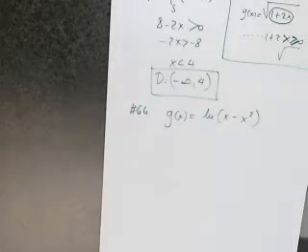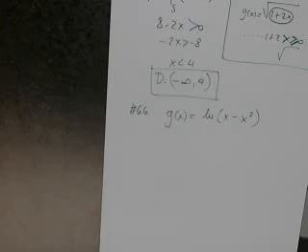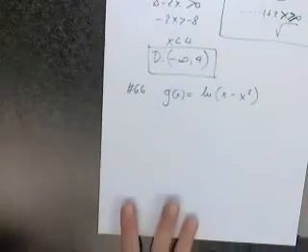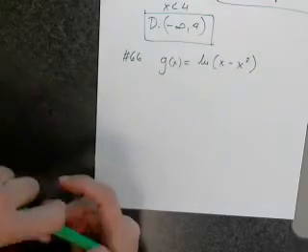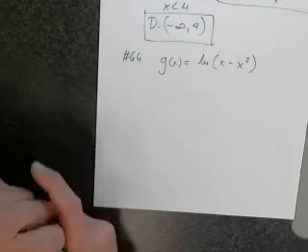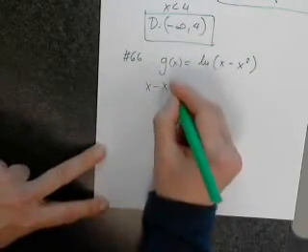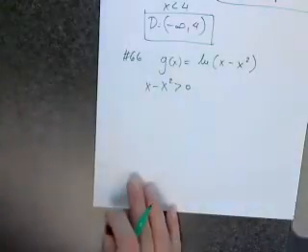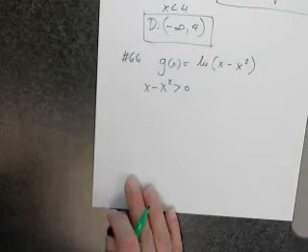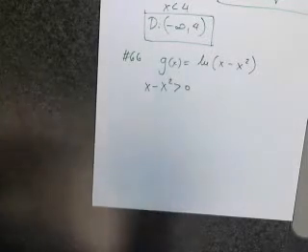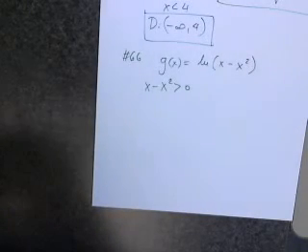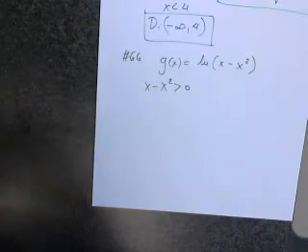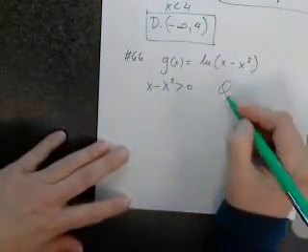Find the domain. What will you tell me to write? So use x minus x squared is greater than 0. Excellent. Now, what type of inequality is this and how do I solve it? Quadratic. Perfect. It's quadratic.